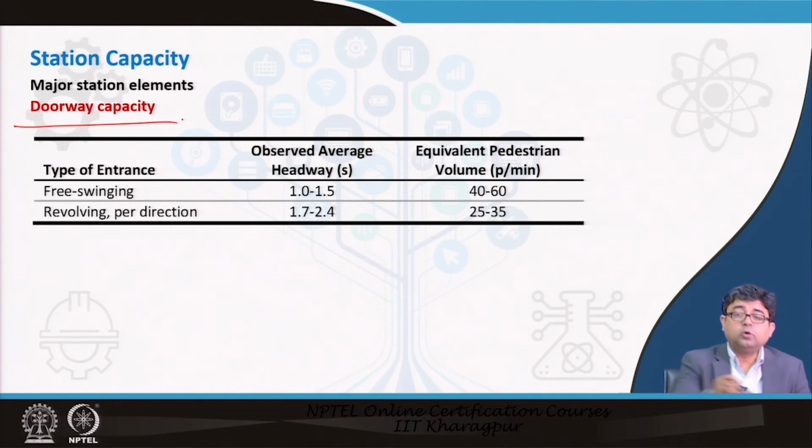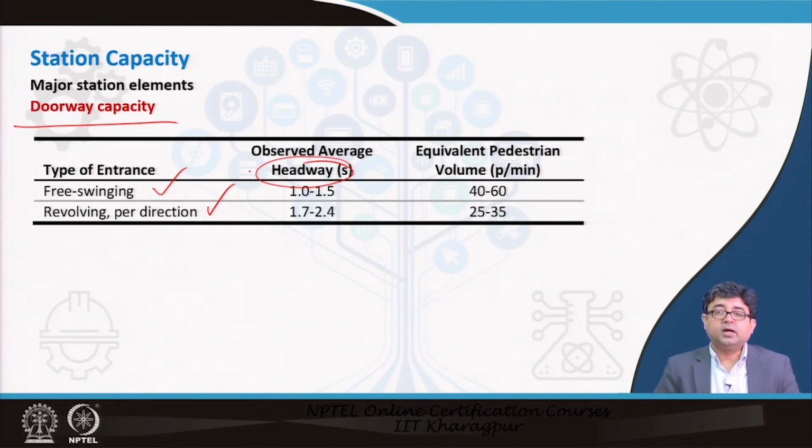The other ones are doorways. You will definitely have different doorways through which people have to enter and exit a station area. If there are different types of doorways available, what has been observed is that the headway between two people is the parameter that governs the doorway capacity.